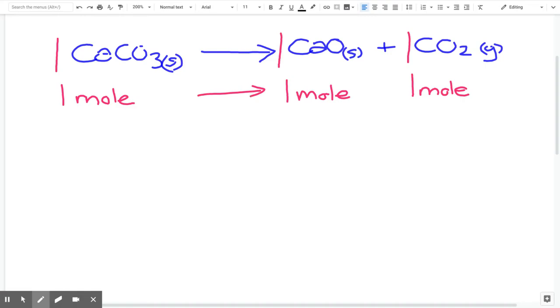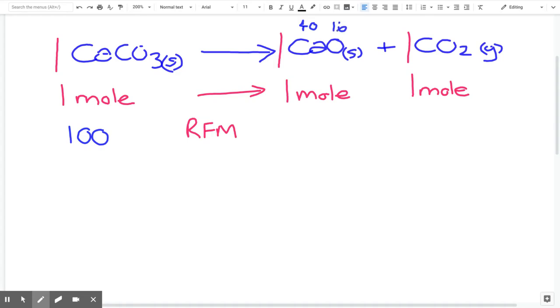And what we could then do is compare the relative formula masses of the substances. In a previous clip, we calculated that the RFM of calcium carbonate was 100. We had 1 calcium, 1 carbon, 3 oxygens, as we added those up. Now we do the same for calcium oxide. Calcium has a mass number of 40 and oxygen 16.